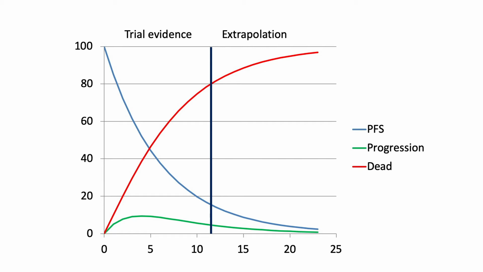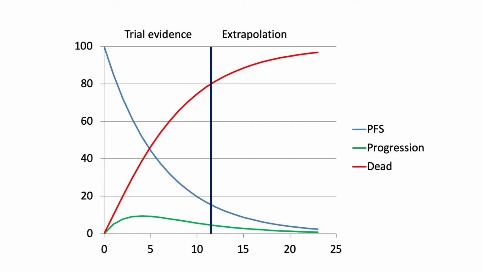In a survival curve, you've got everybody initially surviving and then falling over time. And what the red one plots is the number of people dying over time. So it's 1 minus survival. And that's the typical form of outputs that you might get from a clinical trial.